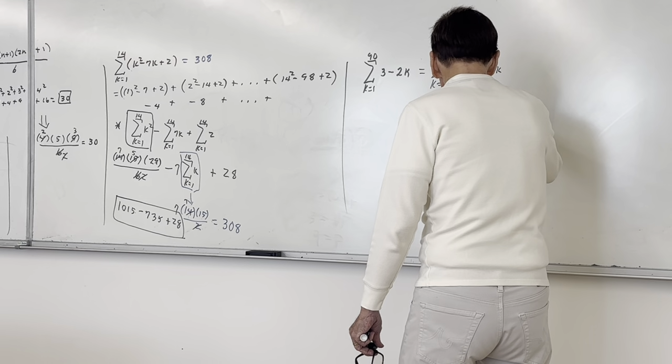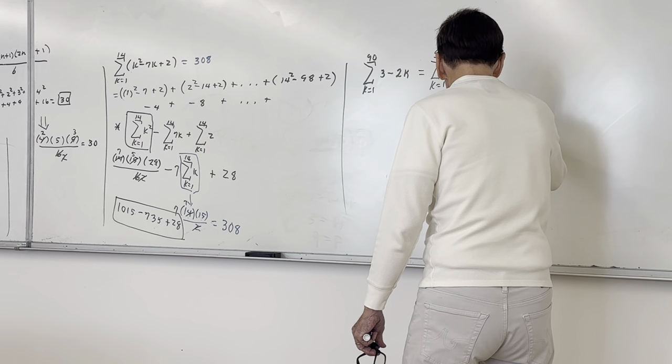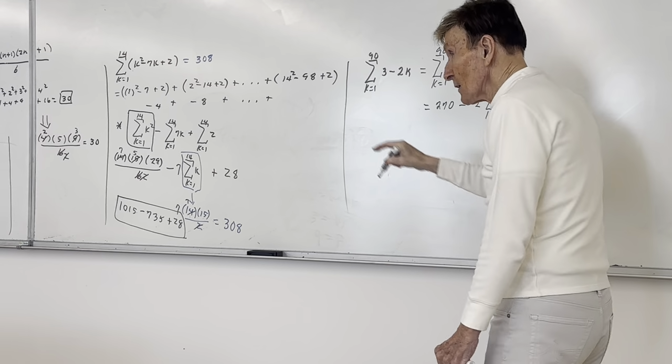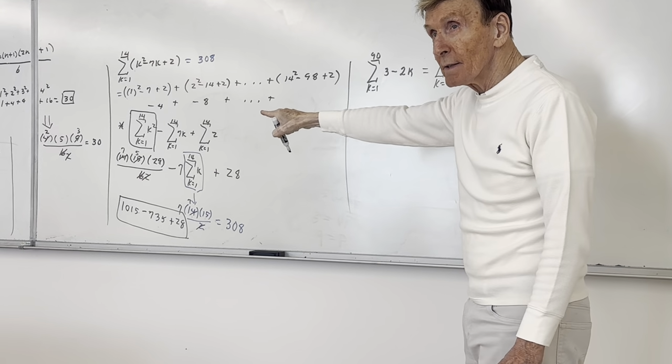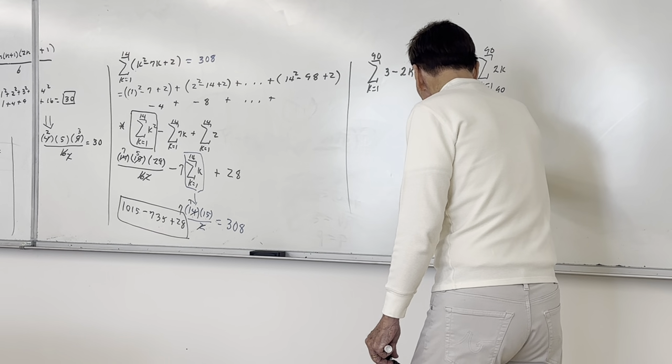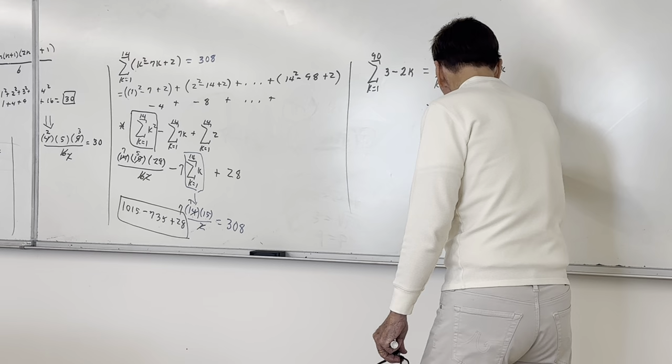As I move that 2 out front, I am left with just k, which is the very first formula we had, Mr. Gauss's formula. So guys, I got 270, subtract 2 times, and here it goes.